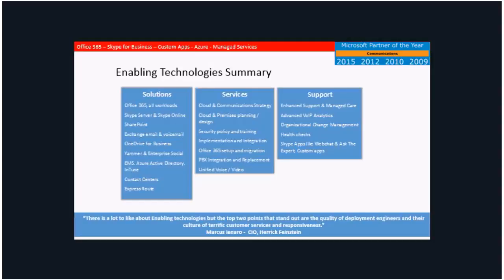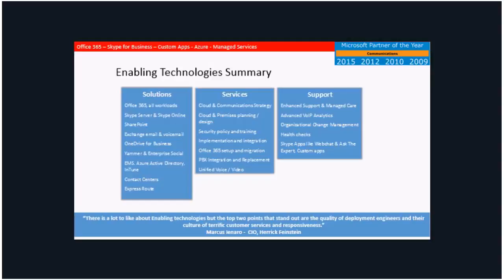You've probably seen this slide before about the Enabling Technology summary regarding the three different areas: solutions, services, and support. Solutions include SharePoint, Skype Server, Skype Online, which we'll be talking about today, and 365 with all the workloads: Exchange, email, voicemail.